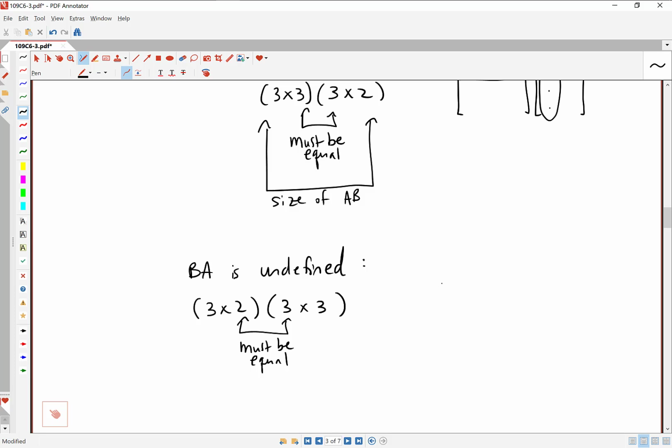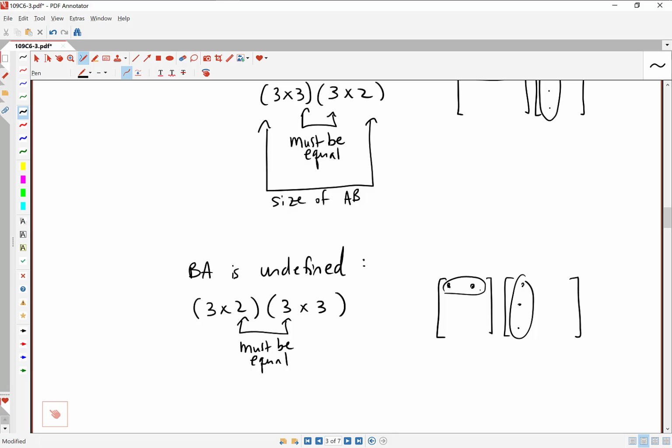Okay, let's draw a picture to understand why. So B is 3 by 2, A is 3 by 3. And remember, what we're supposed to do is circle rows of the first matrix, columns of the second matrix. So, we have a problem. We're not going to be able to compute the dot product when there are 2 entries over here, but 3 entries over here. That dot product just isn't defined.